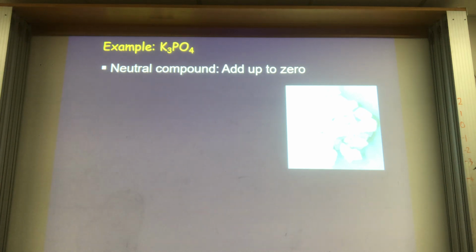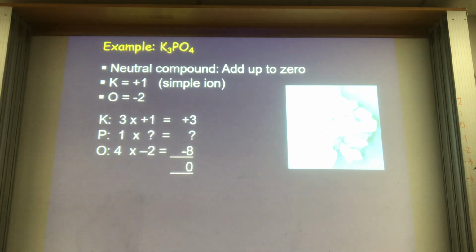Potassium ions are K+, so the oxidation number will be +1, because it's a simple ion, we know the charge and we know the oxidation number. Oxygen in a compound is -2, almost always. That just leaves us with one element to work out, the phosphorus. Given the fact we know they're going to add up to 0, we can work out what phosphorus is. So you set yourself up a little sum.